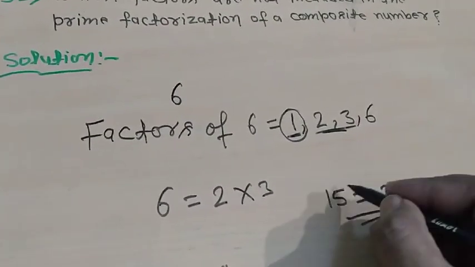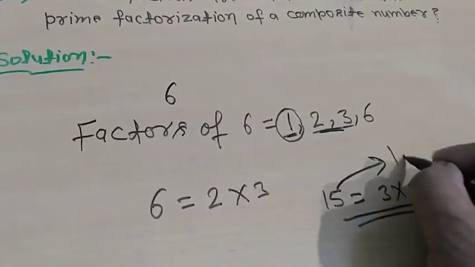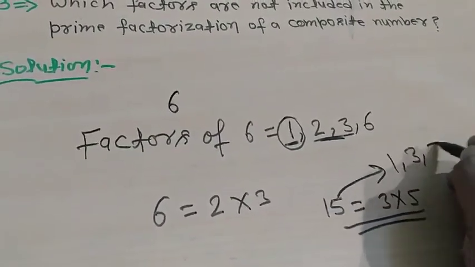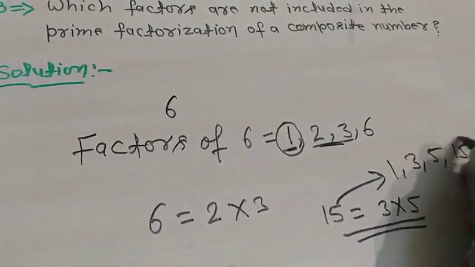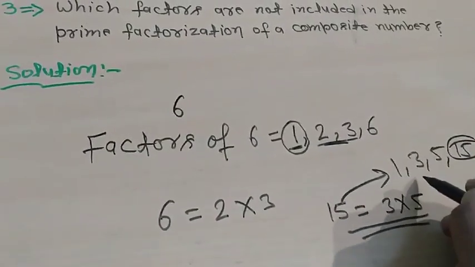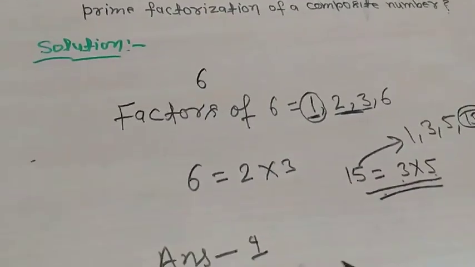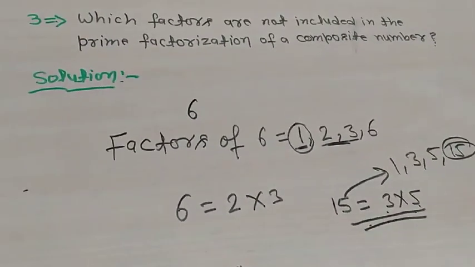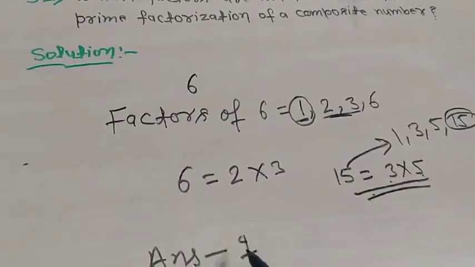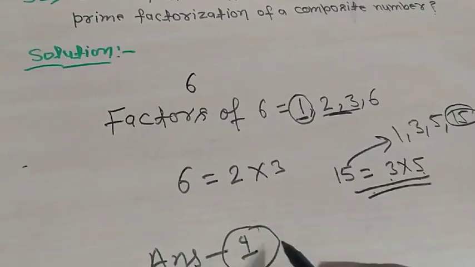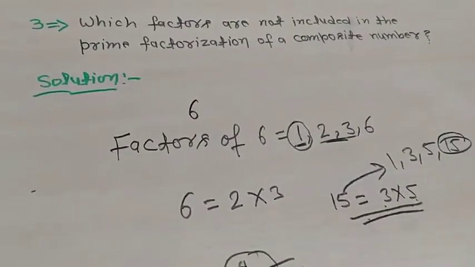Okay, but the factors of 15 are 1, 3, 5, 15 itself. Okay, but in the form of prime numbers, we write 3 into 5. So 1 is not included. Okay, because 1 is a factor of every number, so 1 is not included in prime factorization.